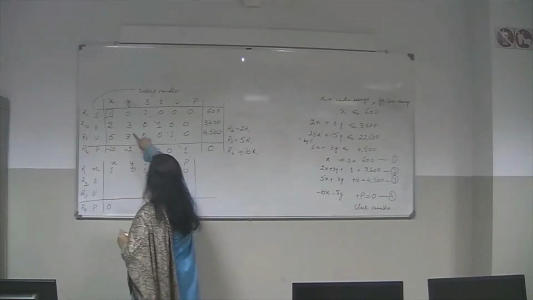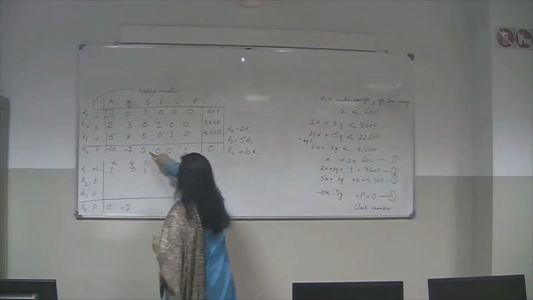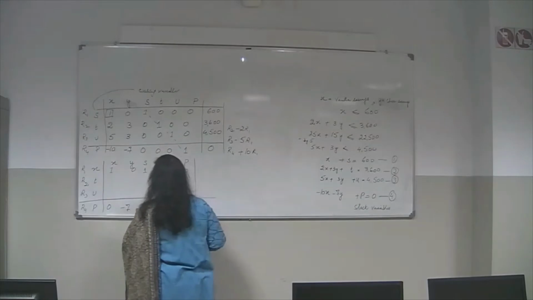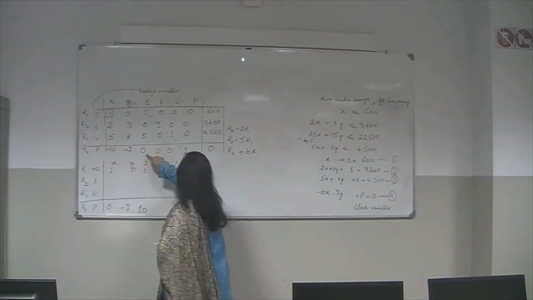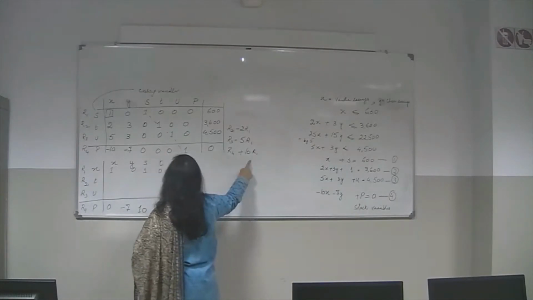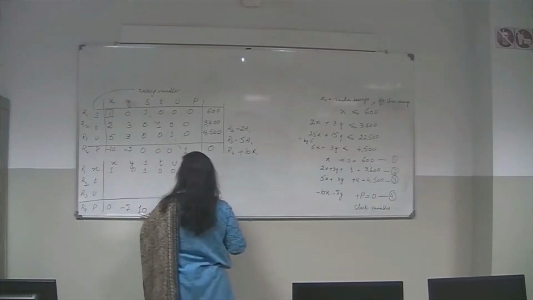Again, minus 10 plus 0 will give us minus 7. 0 plus 10R1 will give us 10. Right? Because see, this is R4, which is 0, plus 10R1, which is 10 into 1 is 10. So we put 10 here.